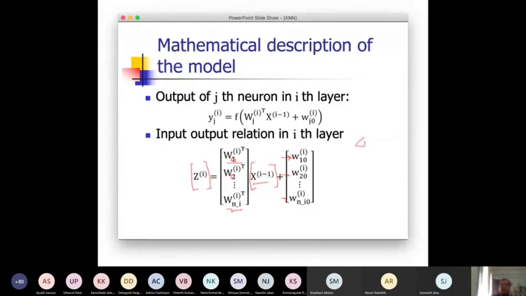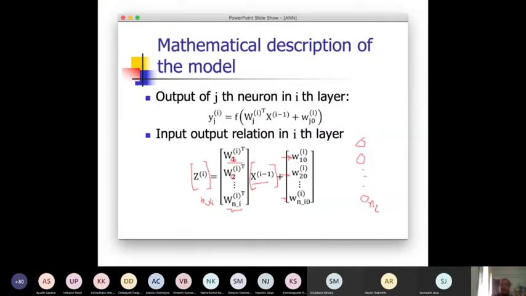You have these neurons in the ith layer, and as per my notation there are n_i neurons, so the dimension here would be n_i cross 1.